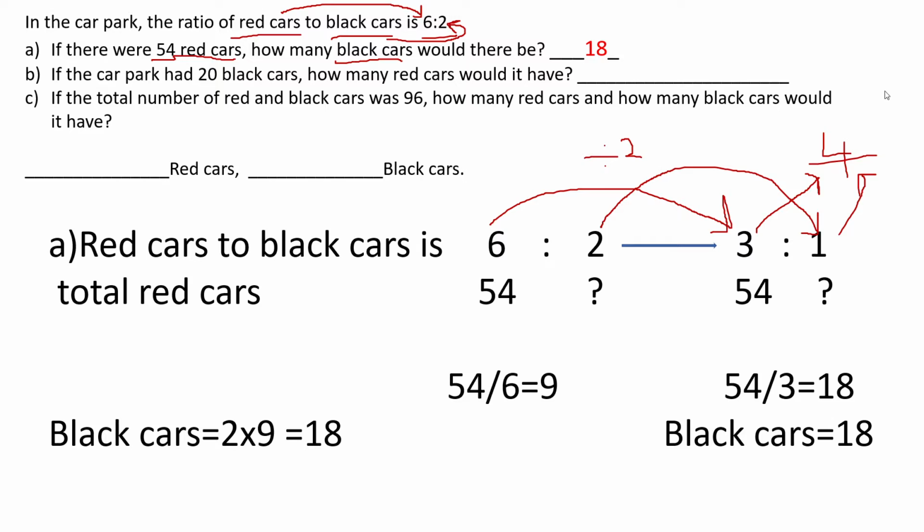So first, we know 54 is the same as 3 pots. So for it to make 1, we have to divide by 3. Why? If we want to get from 3 to 1, we have to divide by 3.